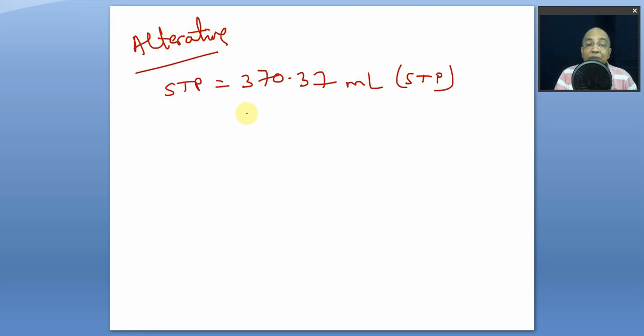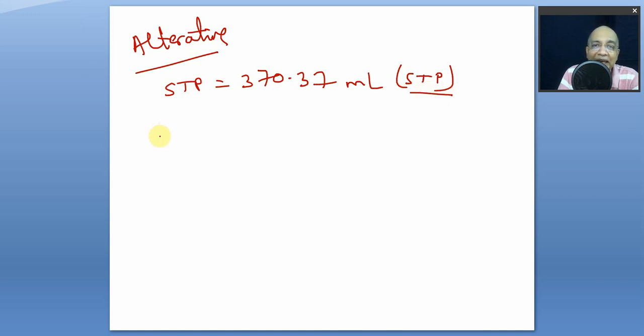That means the vapor of the volatile liquid will occupy, in the Victor Meyer's tube, it has displaced the same volume of air. Doesn't matter, same thing. It occupies this many milliliter at STP. We know the STP volume.